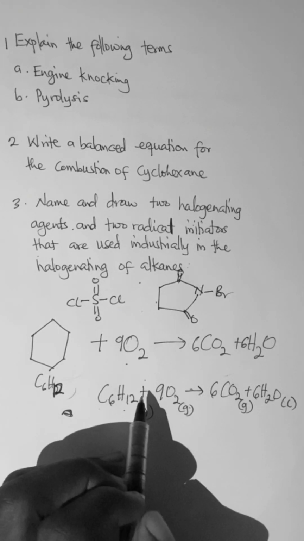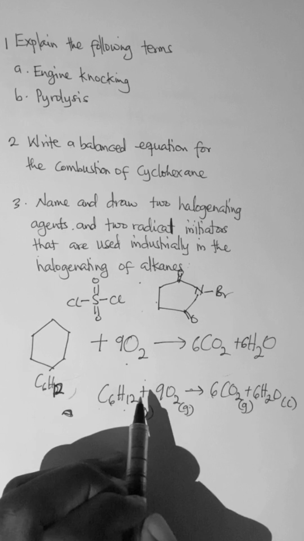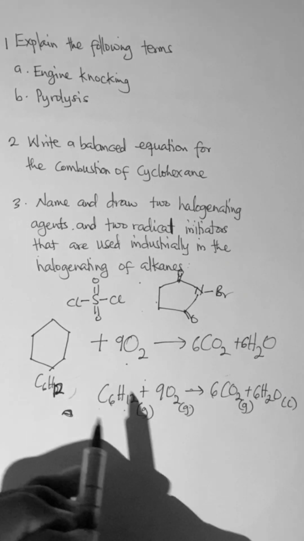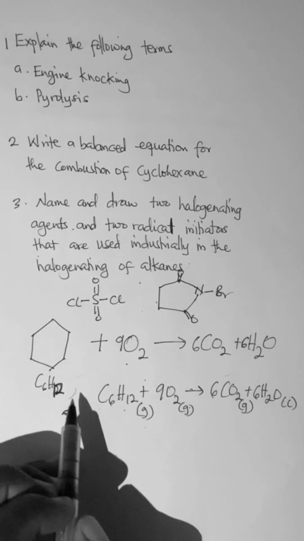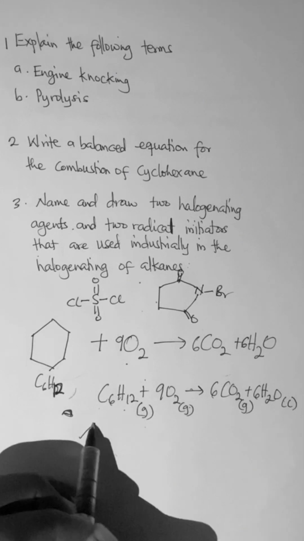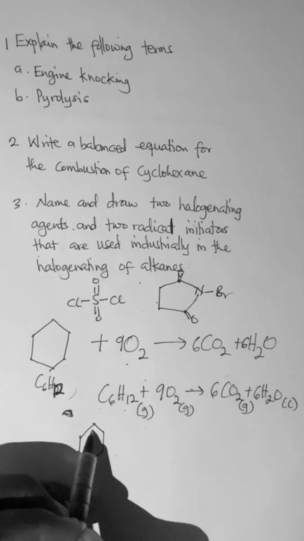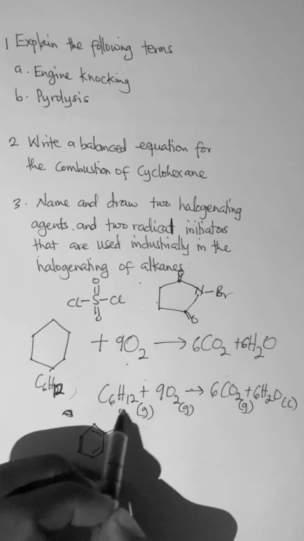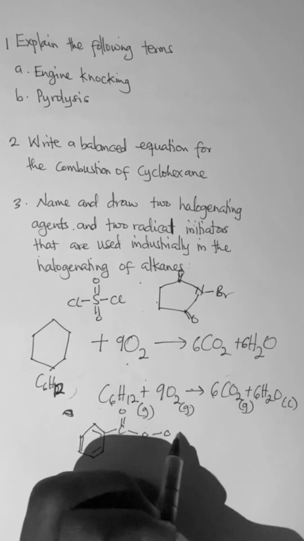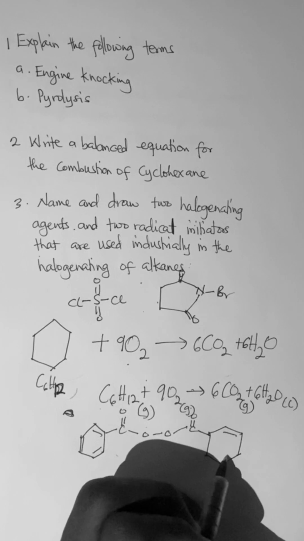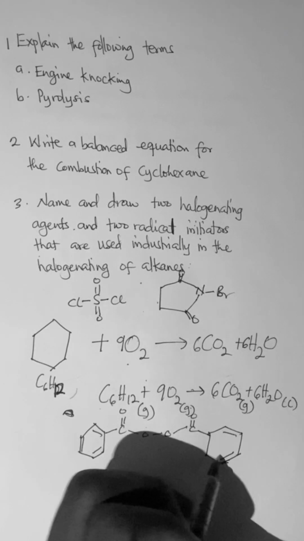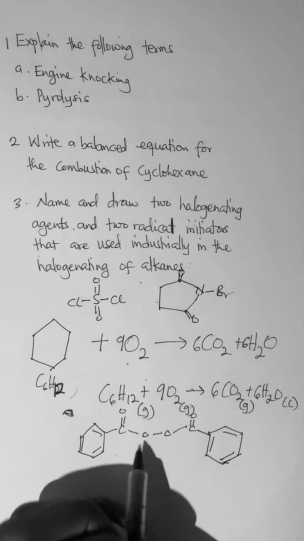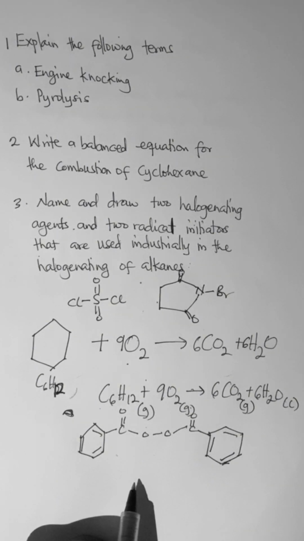Then the radical initiators, we have dibenzoyl peroxide. So dibenzoyl peroxide looks like this. So this is the structure of dibenzoyl peroxide.